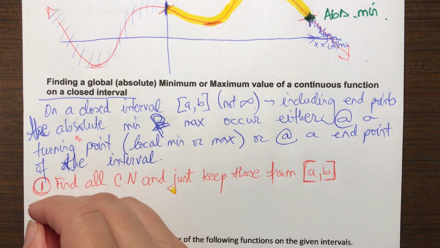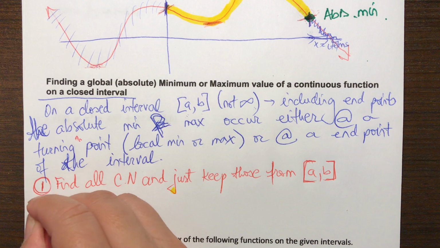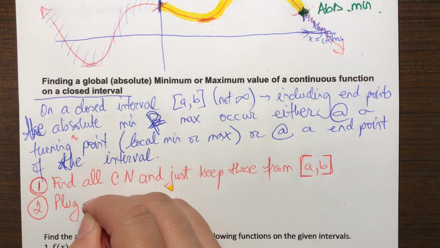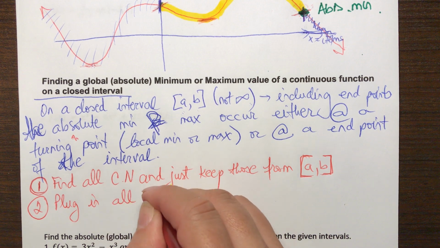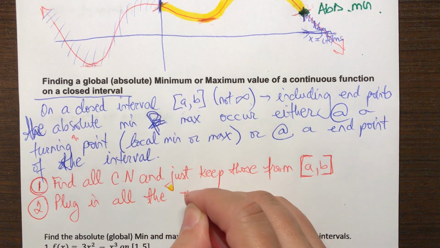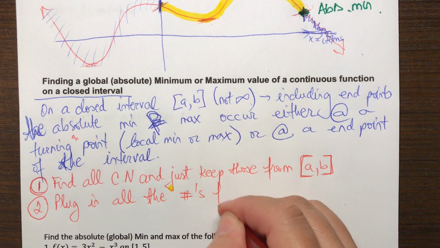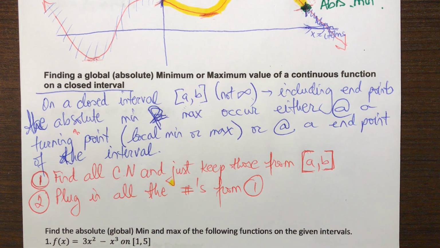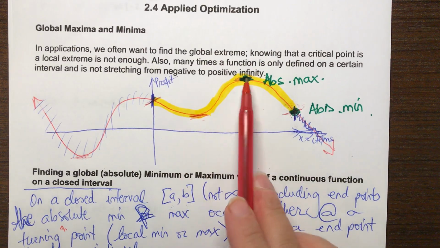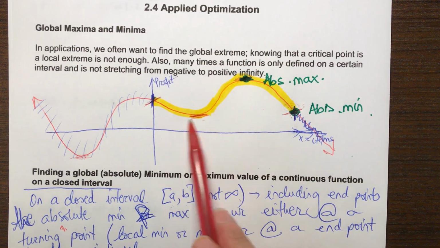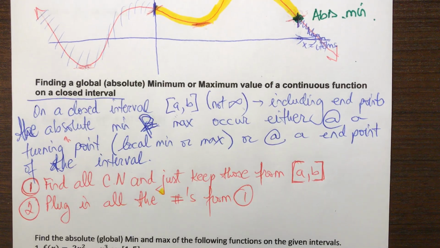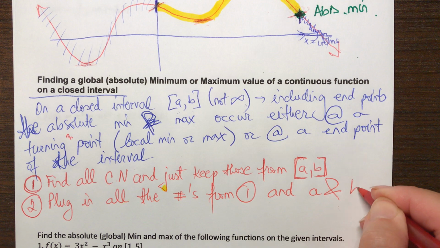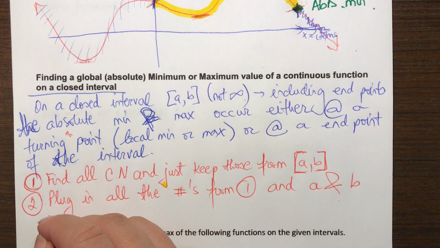Second of all, plug in all the numbers from step 1, right? So all your critical numbers from A to B, the ones that you have possible, a min or a max, right? So a turning point, okay? And A and B into the function.